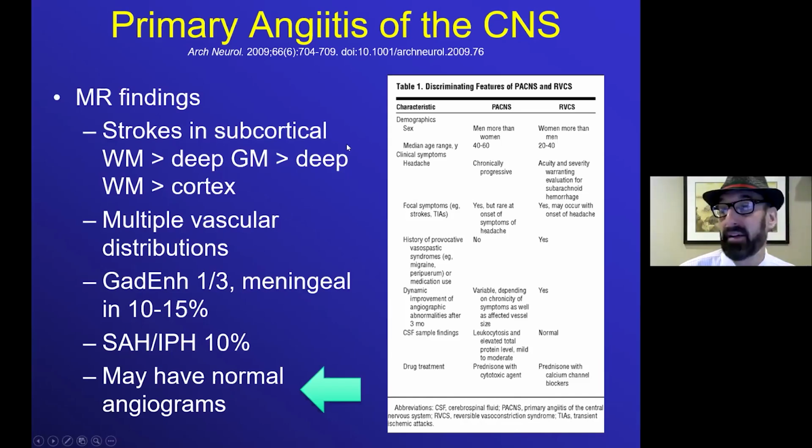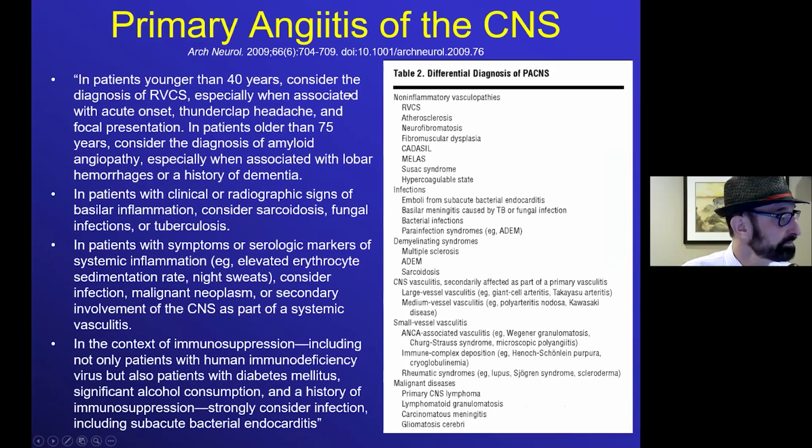Because sometimes they may have normal angiograms and normal MRI scans. So here you can see a very large differential diagnosis of PACNS. I won't go through it, but anything that basically can cause repetitive multiple neurologic episodes.